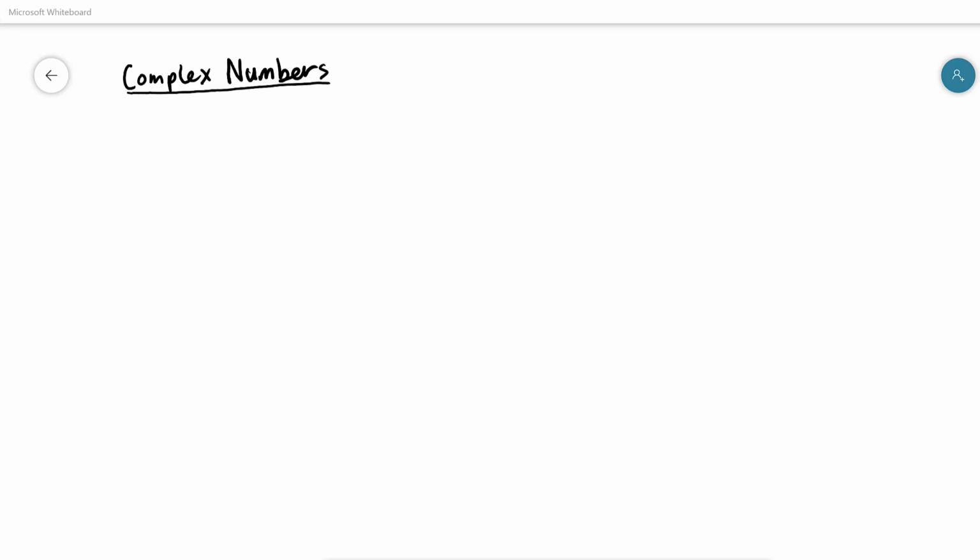So what we're used to typically dealing with are real numbers. These are the types of numbers that we think of all the time. Real numbers are numbers like the number 1 or the number -3 or the number pi or e.